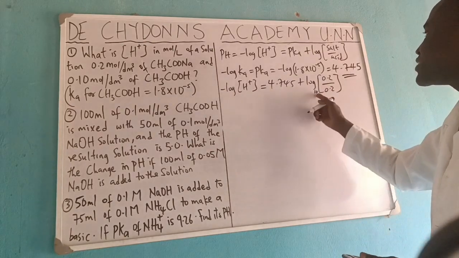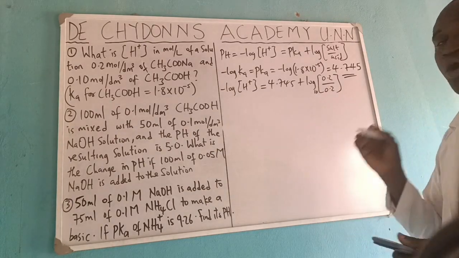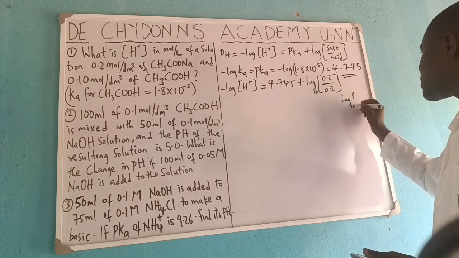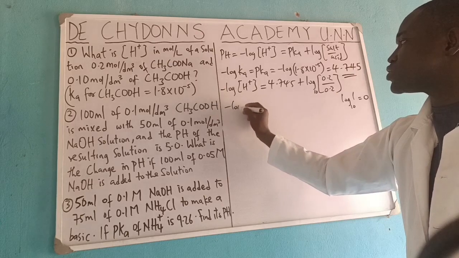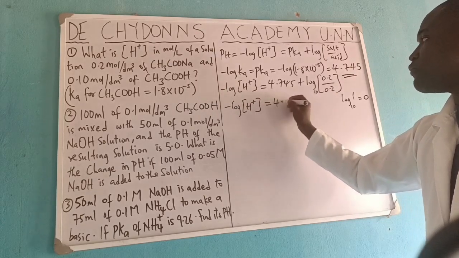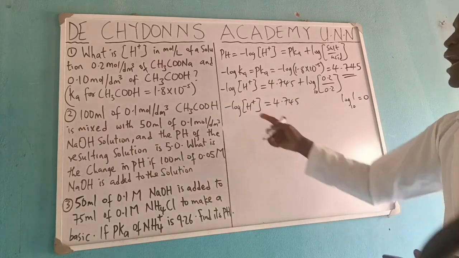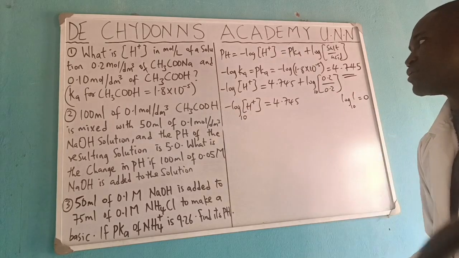Log 1 to base 10 is 0 in mathematics. Please, log 1 to base 10 is 0. Let's write it. Log 1 to base 10 is 0. I will now say that this is minus log of hydrogen ion concentration equal to 4.745 plus 0. Now, remember we say minus log means it is in base 10.